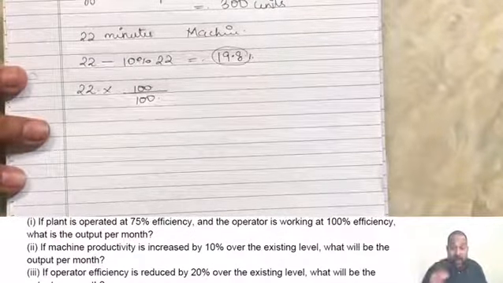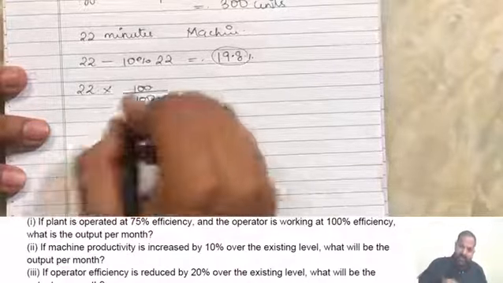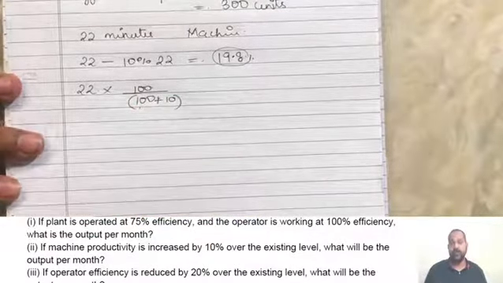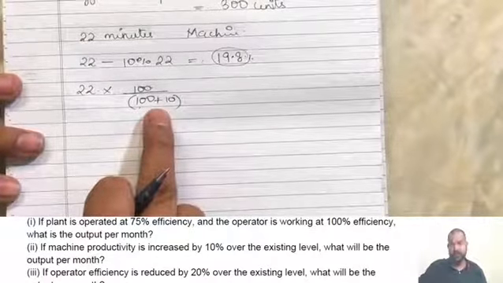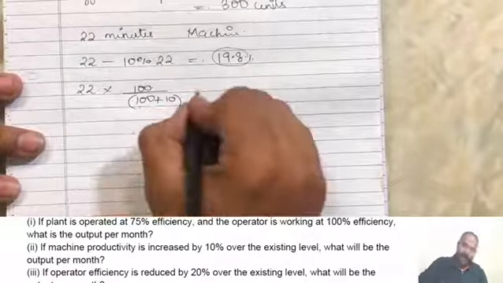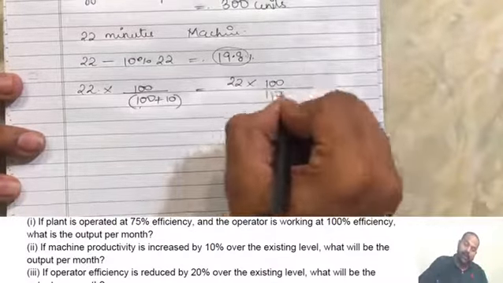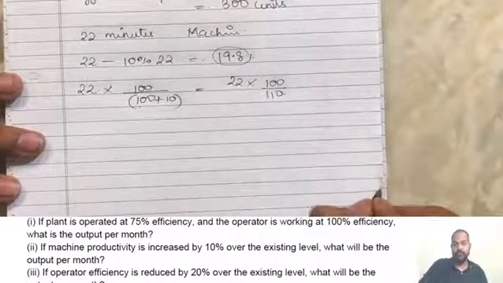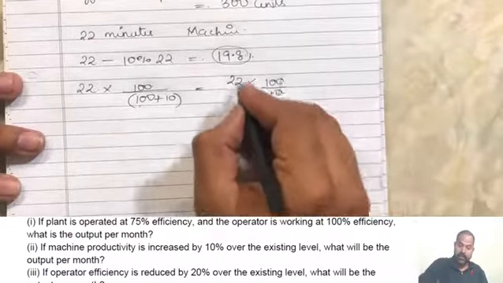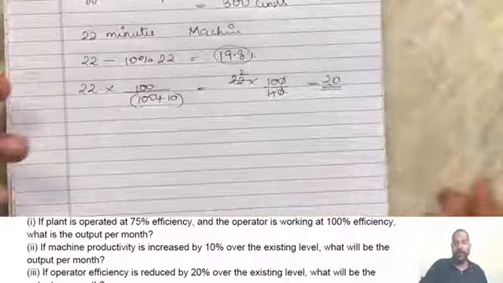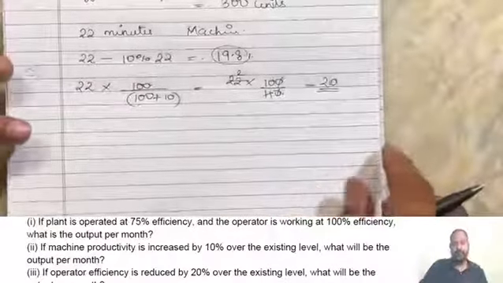If the time has to reduce, then add the reduction to the denominator. Reduce by how much? 10%. Then your answer is 22 into 100 upon 110. 0, 0 cancel. 11 twos are 22. 2 into 10 is 20.